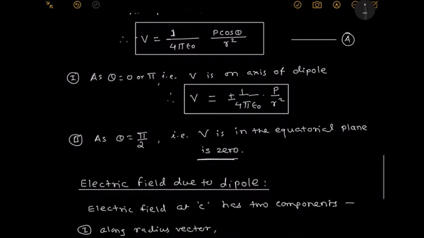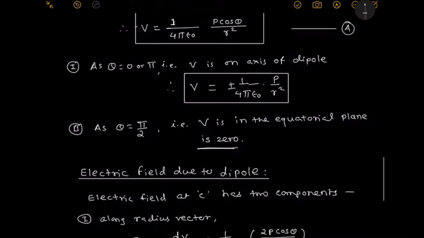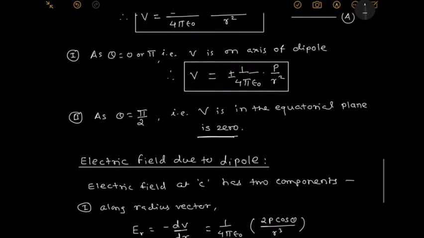Next, we find the electric field due to an electric dipole. Potential is known, so it becomes easy to find the electric field. How do we find it? Electric field E is equal to minus d by dr of the electric potential. The electric field at C is resolved into two components.